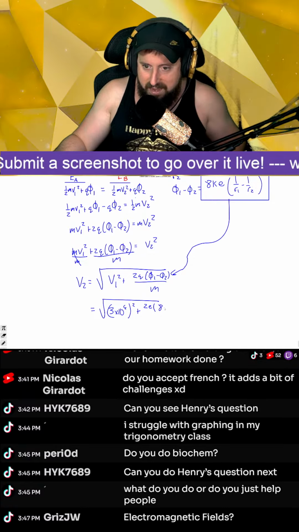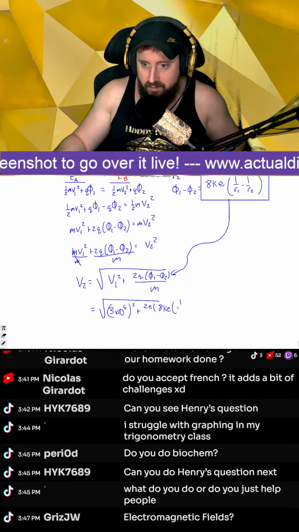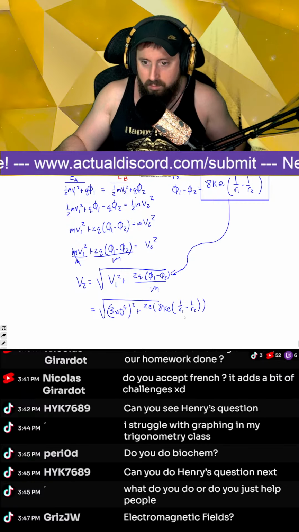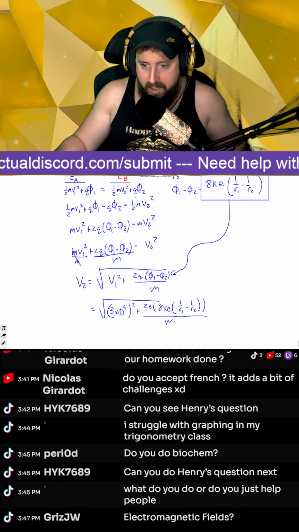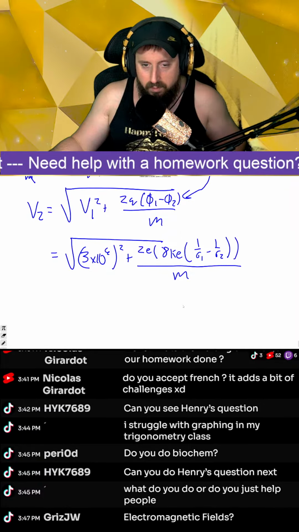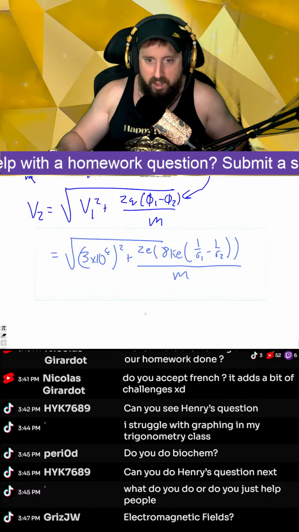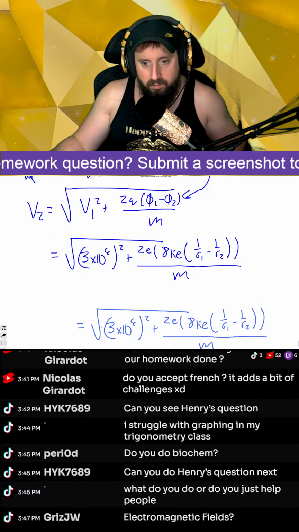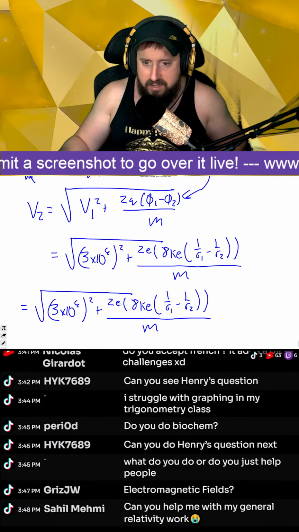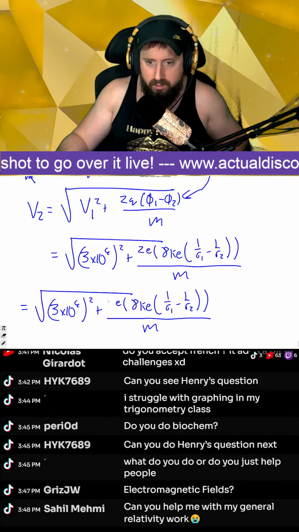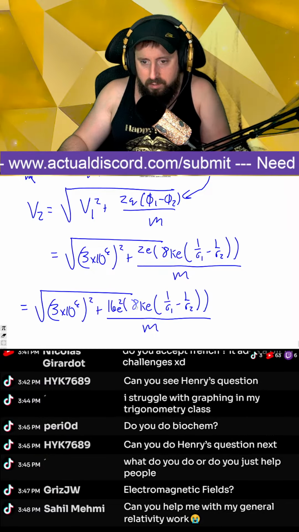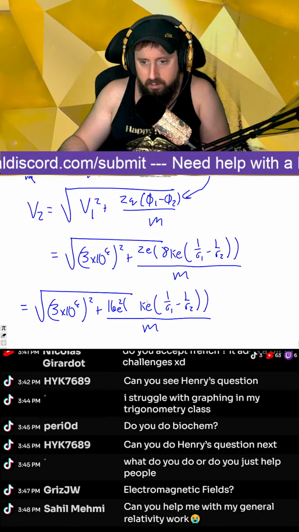So then this is 8ke, 1 over R1 minus 1 over R2, and then this is all over the mass of our positron. Kind of a mess. We're going to get there, though. So 2e and 8e is going to be 16e squared, so 16e squared k.